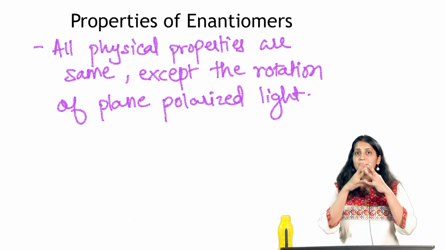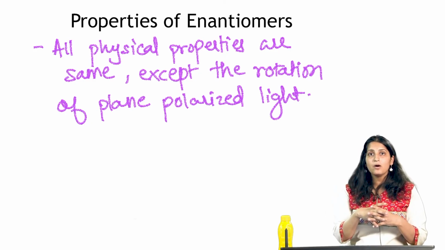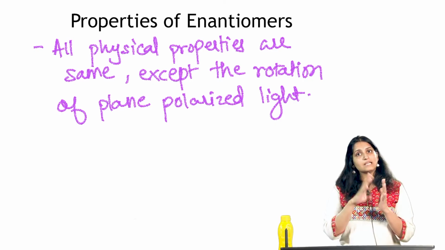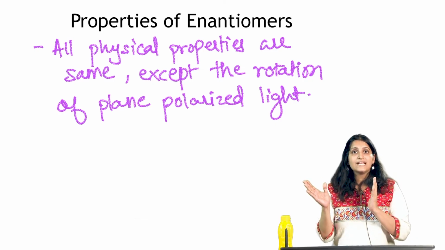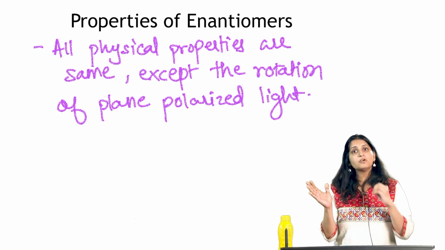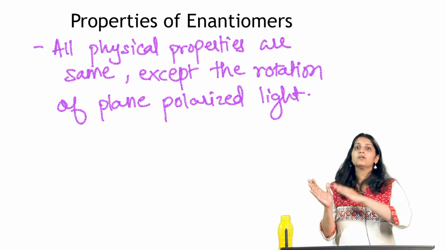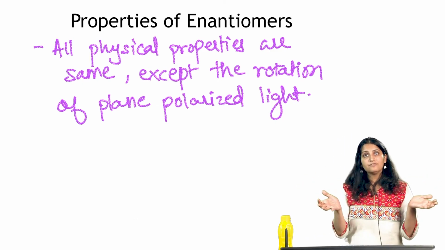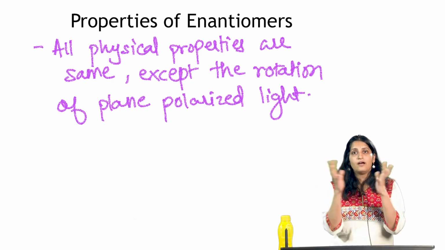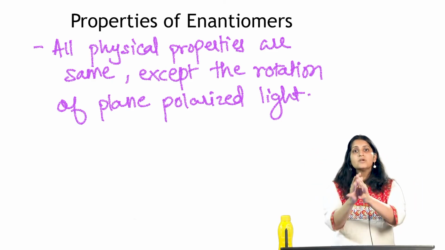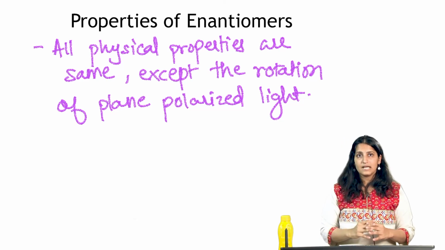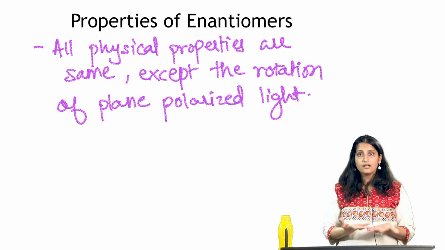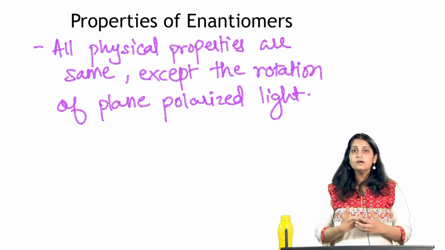If I take a pure R enantiomer of a compound, that will rotate this particular plane polarized light in one direction, whereas the pure S enantiomer of the same compound will rotate the plane polarized light to the other direction. And if I really take an equal mixture of these two, then I will not see any rotation of the plane polarized light. The instrument which helps me really determine this rotation is called a polarimeter.